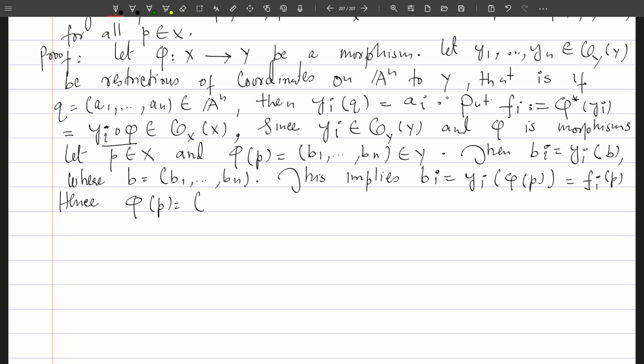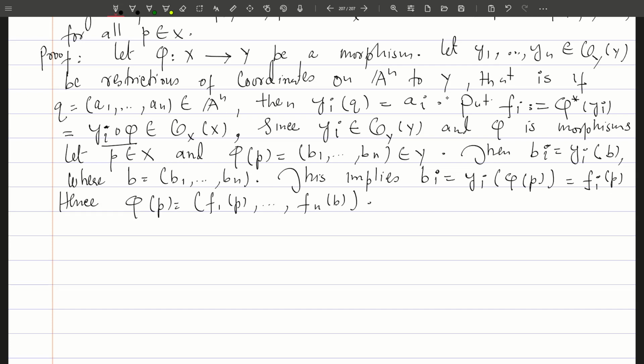So we can write this as f1 of p up to fn of p. So we proved here that if phi is a morphism, then this phi is given by this n tuple of functions f1 through fn.